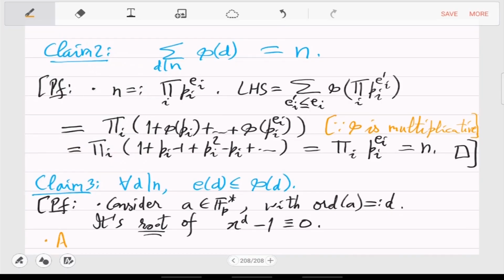No, just a root. Yeah, so A square is a root, A cube is a root, and A to the D is a root, right? So A square, A cube, everything is a root of this.